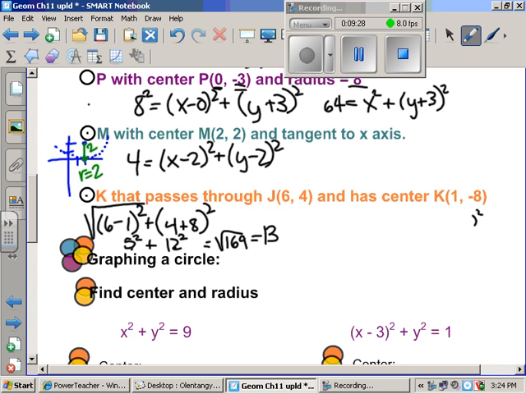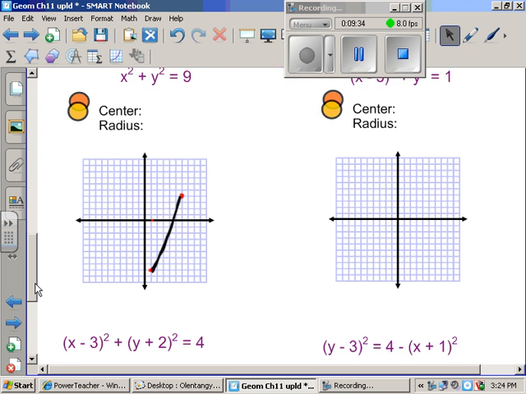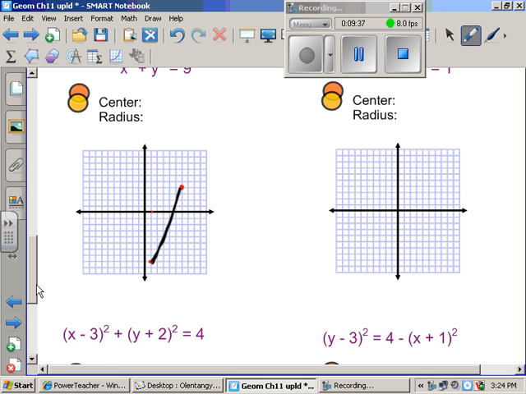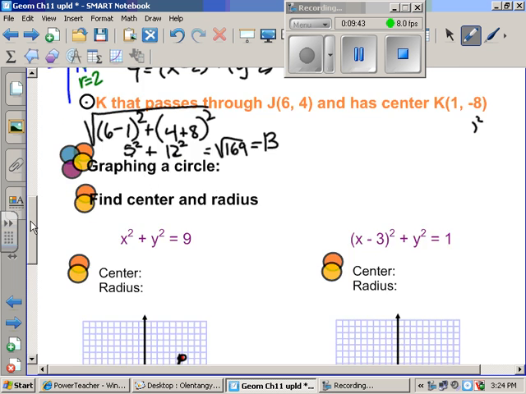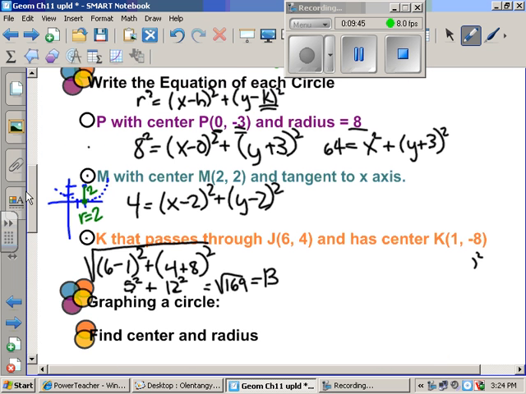So r is 13. The distance from the center of my circle to a point on it is 13. Now I've got my r, and I've got my h and k, so I can plug it in.